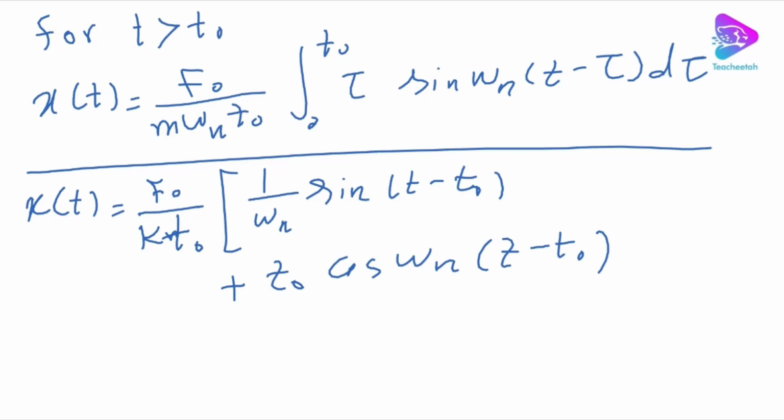Minus 1 over omega n sine omega n t. So we found the response of the system, and if you compare this expression with the one for the previous time range, you would see that they are totally different.